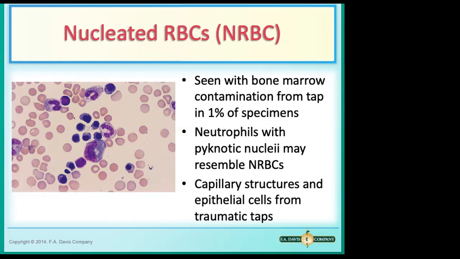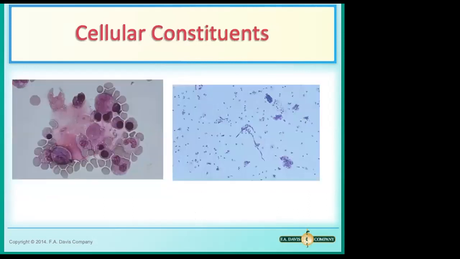You may also see, along with that, some capillary structures and epithelial cells from traumatic taps. But the neutrophils with pyknotic nuclei indicate degenerating cells, and they resemble NRBCs, but pyknotic neutrophils usually have multiple nuclei. So that's really the only difference.